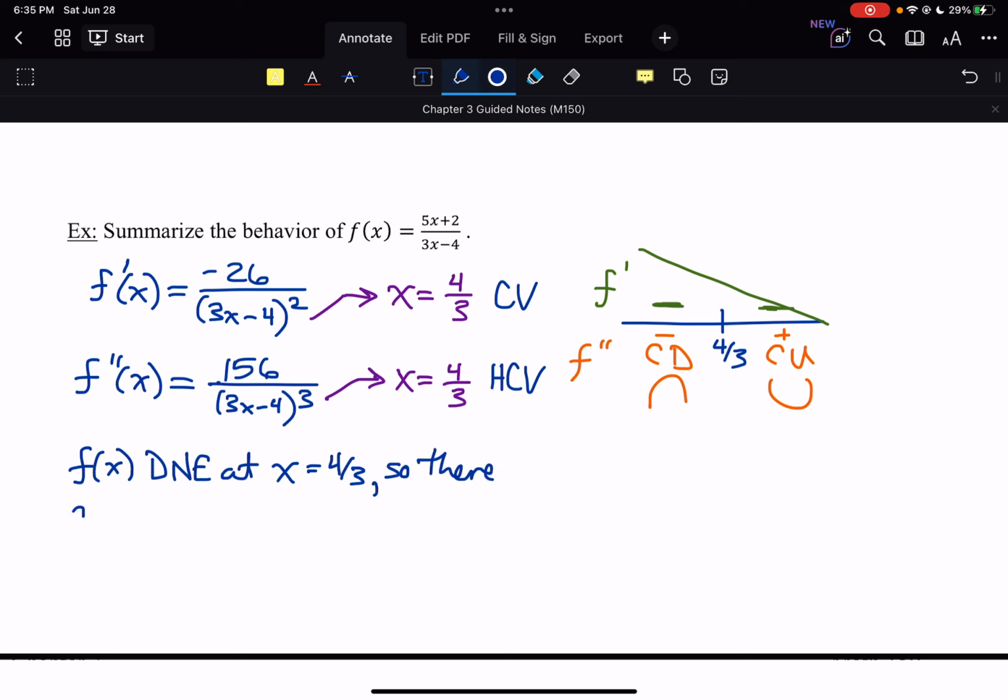So there are no relative extrema. We already knew that. But this one value that could have been an inflection point is also not an inflection point because there's no point there, right? It's actually going to be a vertical asymptote. So no relative extrema and no inflection points.